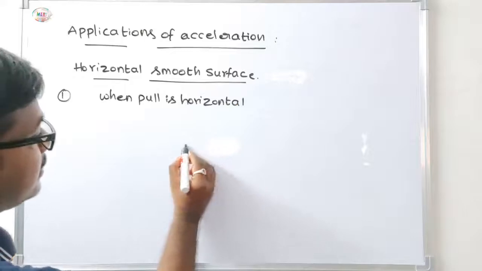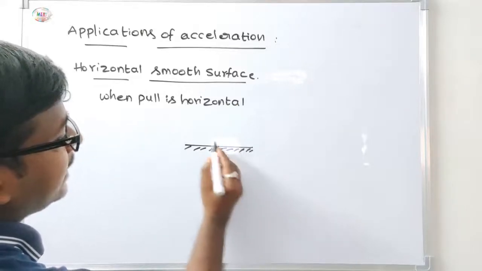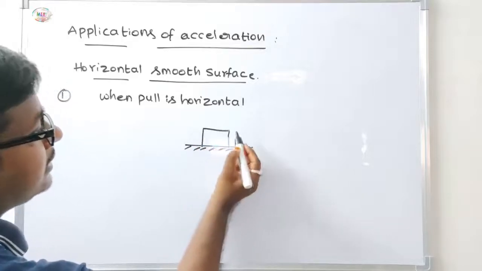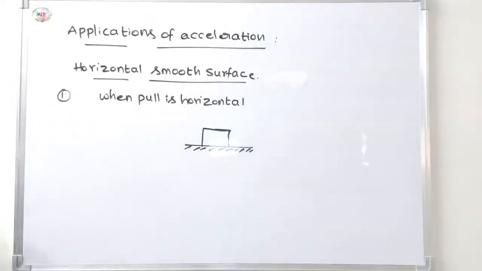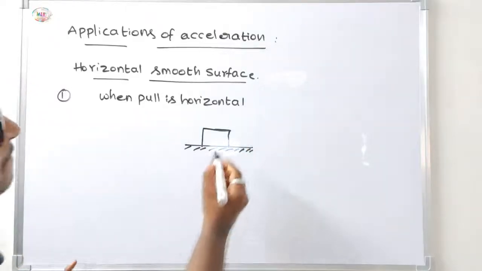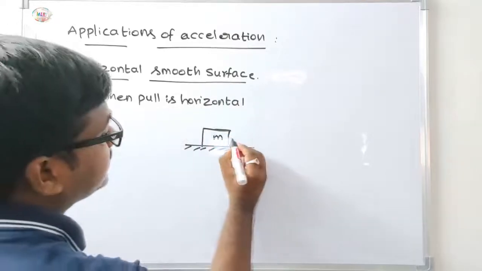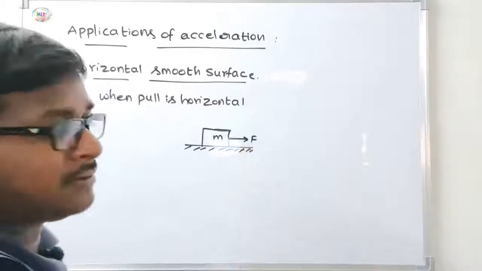A block of mass m is lying on a horizontal smooth surface, and a pulling force acts in this direction.